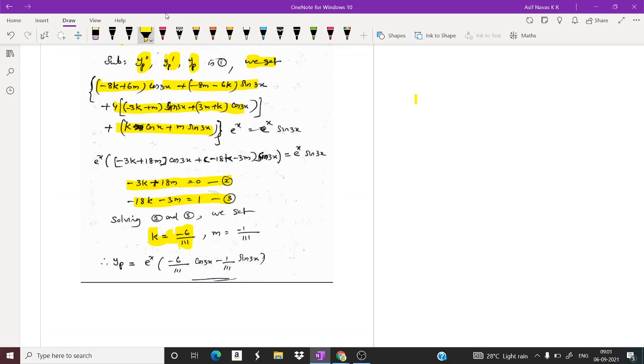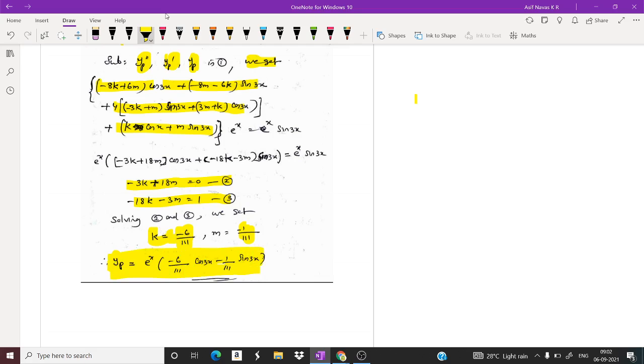K is equal to minus 6 by 111 and m equal to minus 1 by 111. So yp is equal to e raised to x (minus 6 by 111 cos 3x minus 1 by 111 sin 3x). So this is the solution.